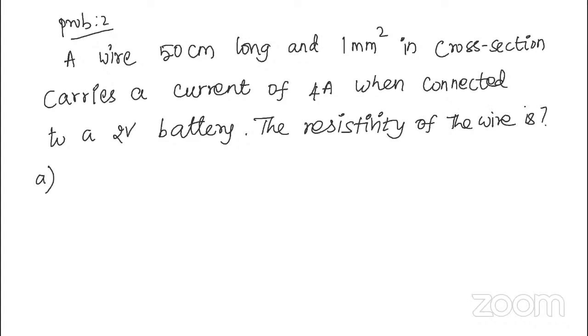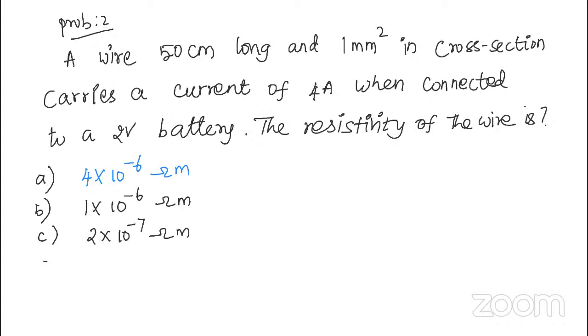A is 4 into 10 power of minus 6 ohm meter, and B it is 1 into 10 power of minus 6 ohm meter, and C it is 2 into 10 power of minus 7 ohm meter, and for D it is 5 into 10 power of minus 7 ohm meter.